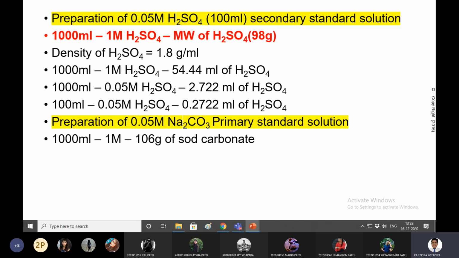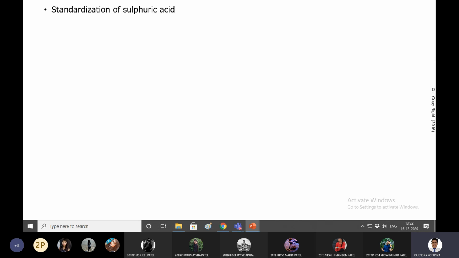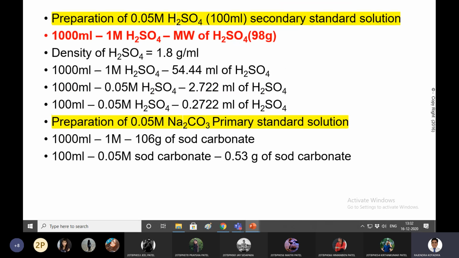Now what will be our next step? To find for 0.05 molar. Yes, so simple mathematics is involved. For 0.05 molar it is 0.53 gram. Now I have directly converted it from 1000 ml into 100 ml.